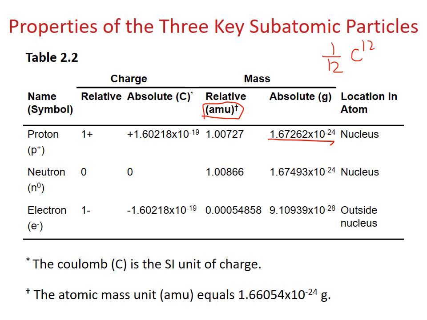So proton and neutron both have a mass of about 1 in atomic mass unit. Electrons, on the other hand, have a mass of about 0.0005 in atomic mass unit. One atomic mass unit equals 1.66054 times 10 to the minus 24 gram.